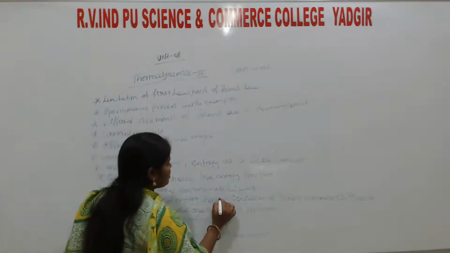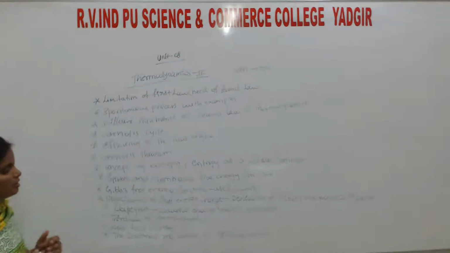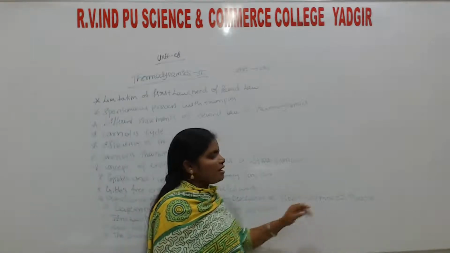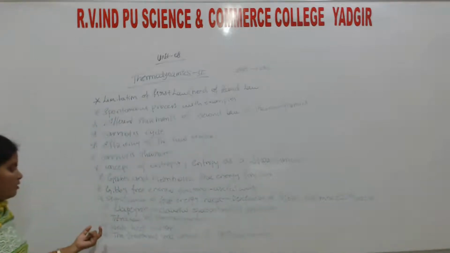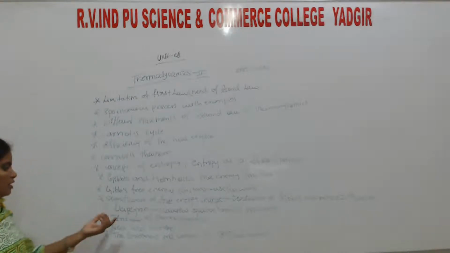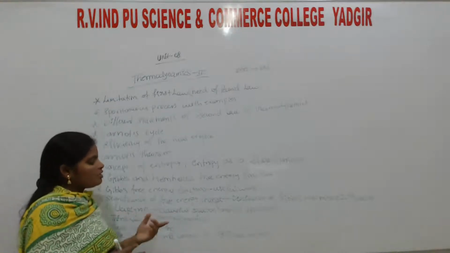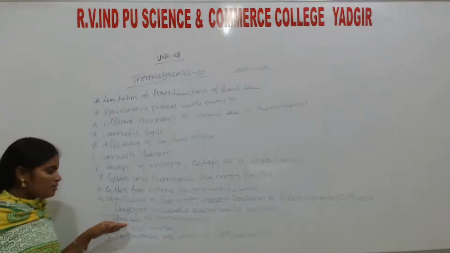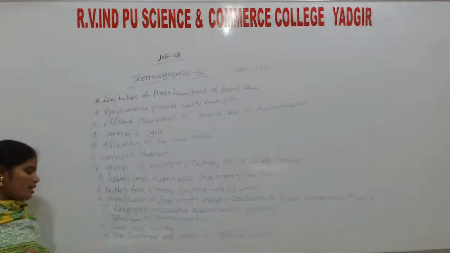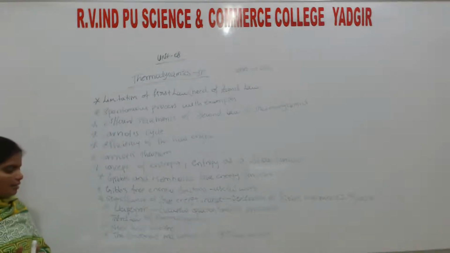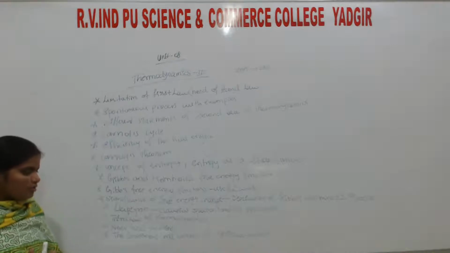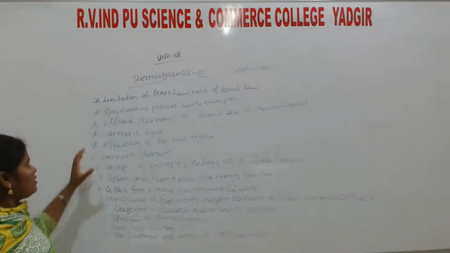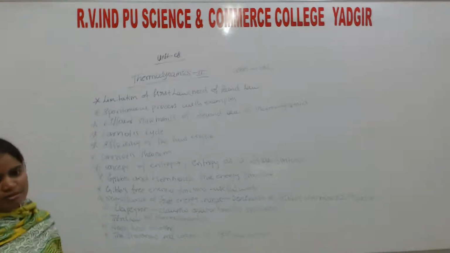Here comes the derivation of the Gibbs-Helmholtz equation, next the Clapeyron-Clausius equation and its application, and next the third law of thermodynamics, the Nernst heat theorem, and the statement and concept of residual entropy. In this entire chapter you are studying these concepts.